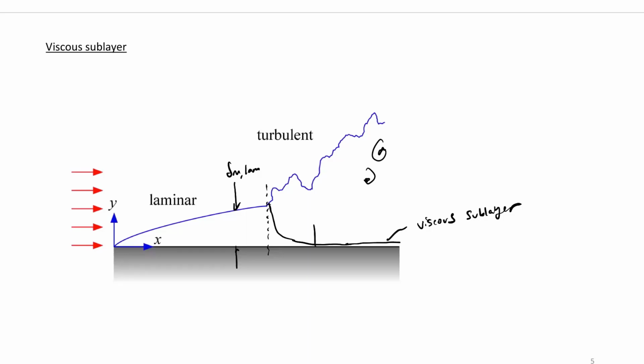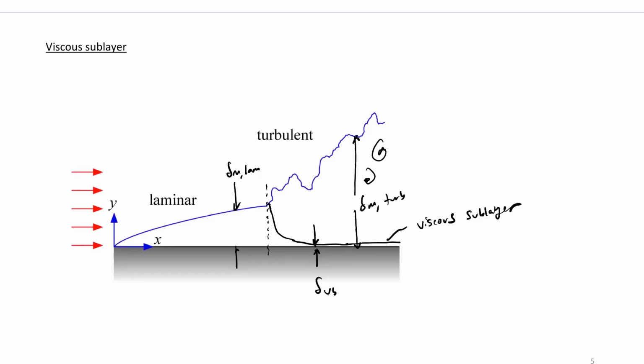So let's call this thickness delta Vs. This thickness here is going to be delta T. Let's do this in terms of momentum. So delta M turbulent is this full boundary layer thickness from the wall out to the edge of the boundary layer.